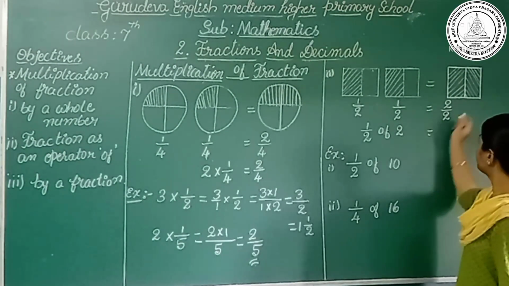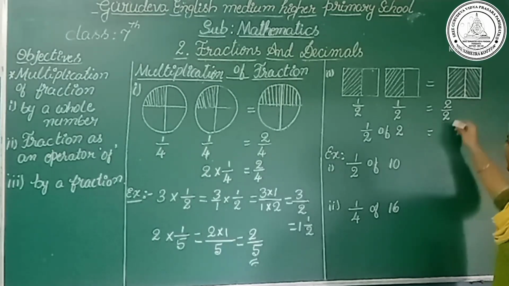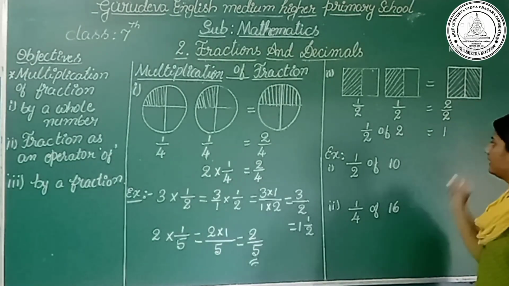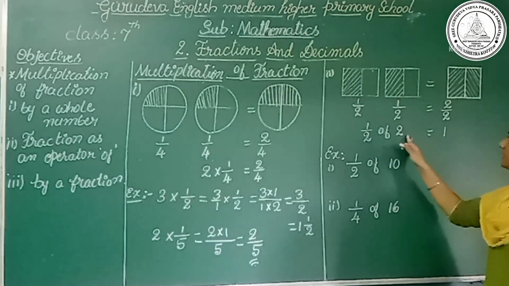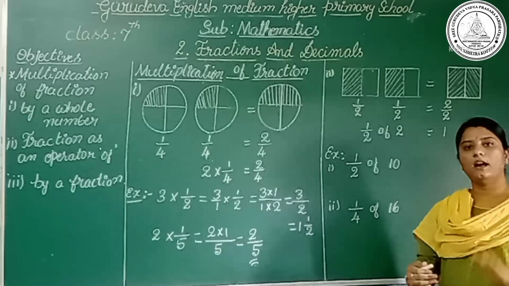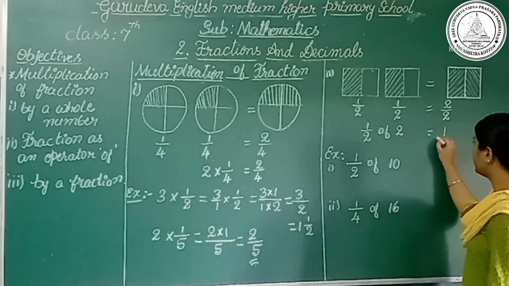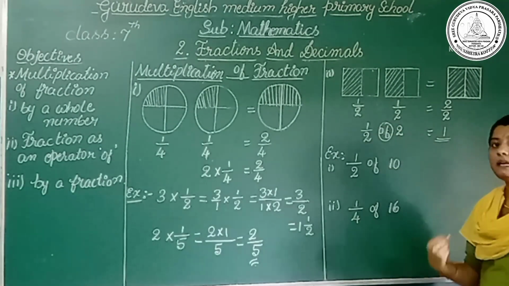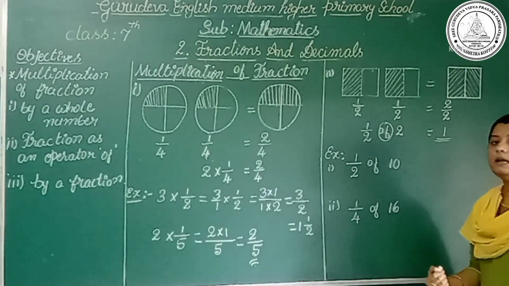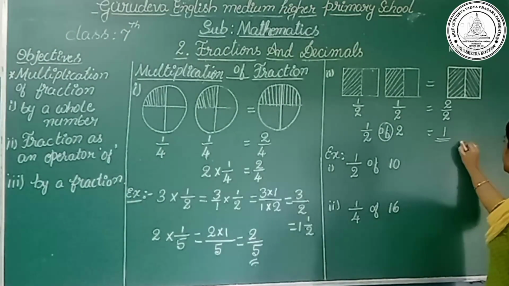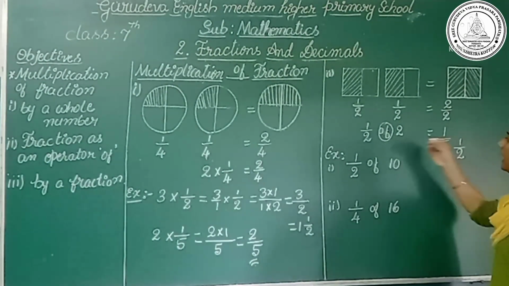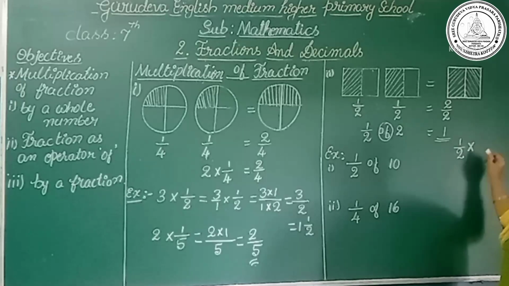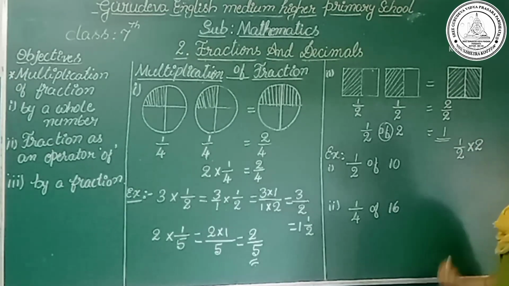So we get a complete 1. What is half of 2? Half of 2 is 1. So we get the product as 1. Here 'of' means multiplication. Half of 2 is 1 by 2 into 2.